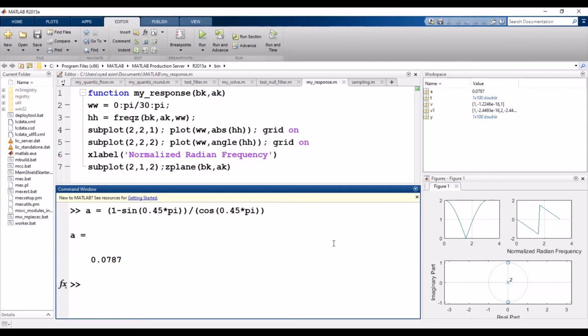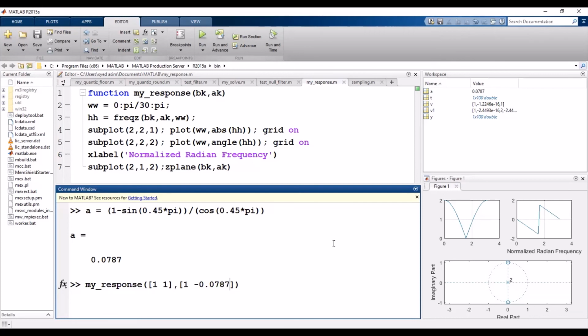Now simply put it into the formula. The numerator coefficients, my response, are 1 because it is a low pass filter, and the denominator coefficients are 1 and minus 0.0787.